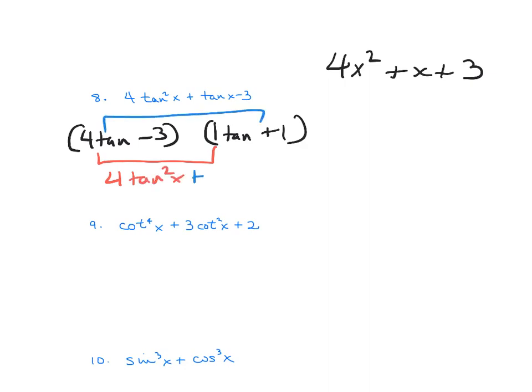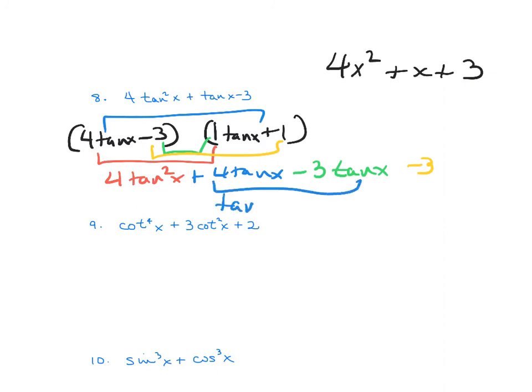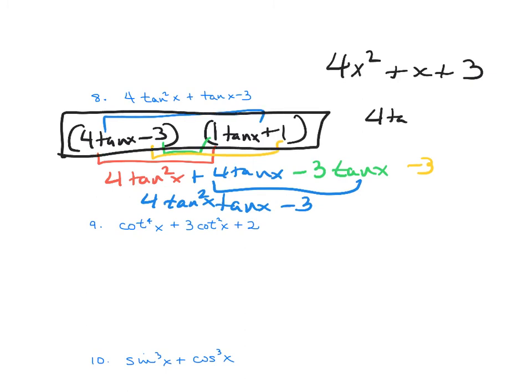Outside gives me plus 4 tan x. Inside gives me minus 3 tan x. And then last gives me minus 3. Notice when I add the middle here, I only get 1 tan x, which is what I was trying to get. So I did pick the correct binomials, so my final answer is 4 tan x minus 3 and tan x plus 1.